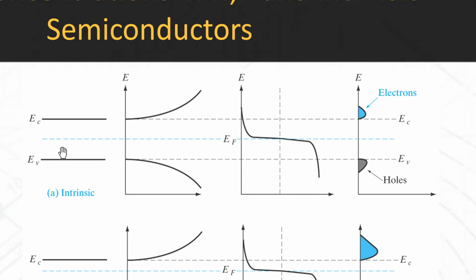This is your energy band diagram on the left, the density of states second, the Fermi function next, and then the electron and hole concentration. Starting from the left, as I mentioned before, the density of states increases the farther you go above Ec. Below Ev, the density of states increases as well.